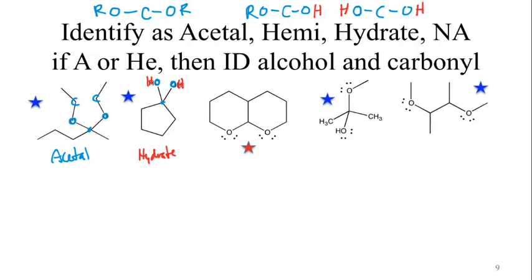We move to the next one. We've got our carbon bound to 2 oxygens. What's bound to those oxygens? Carbons. So we've got an acetal. We move to the next one, carbon with our oxygens. We've got a carbon bound to one of those oxygens, and we have a hydrogen bound to the other. So what we've got here would be the hemiacetal.